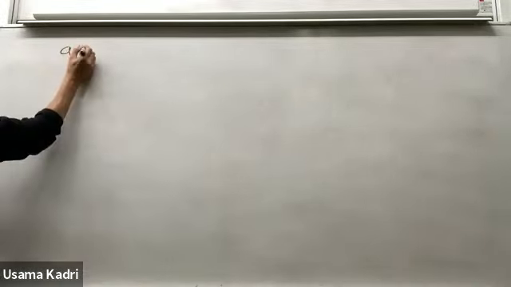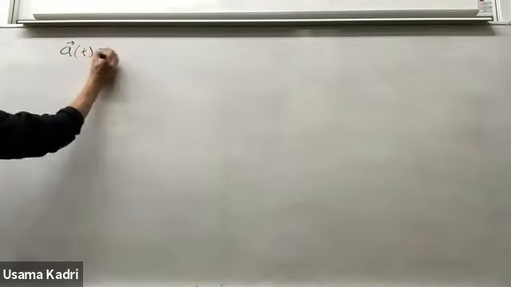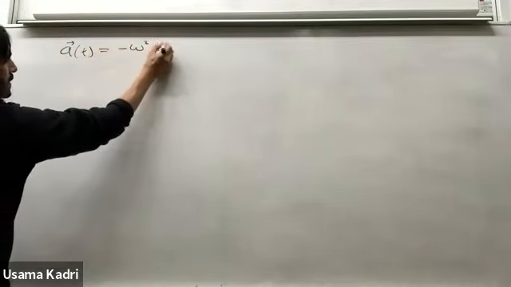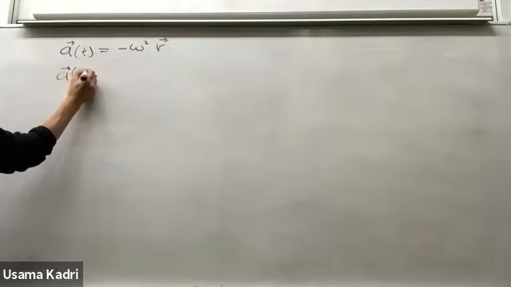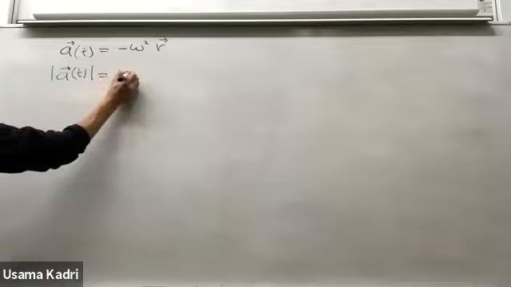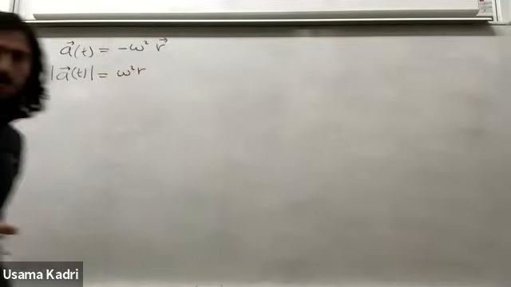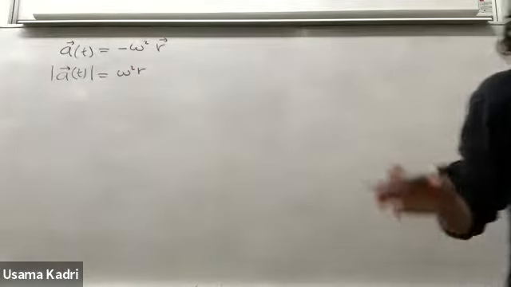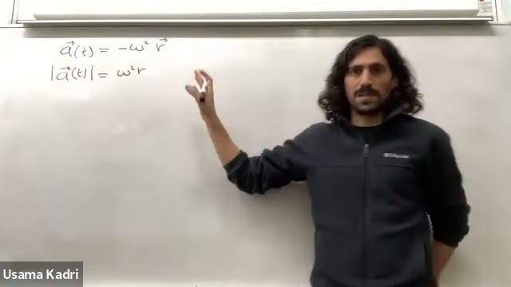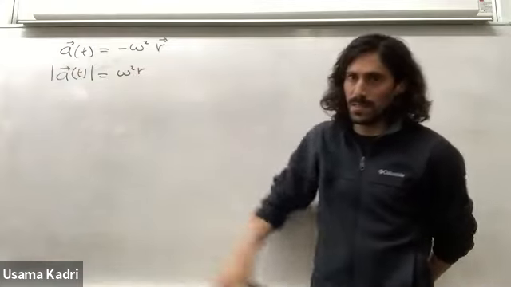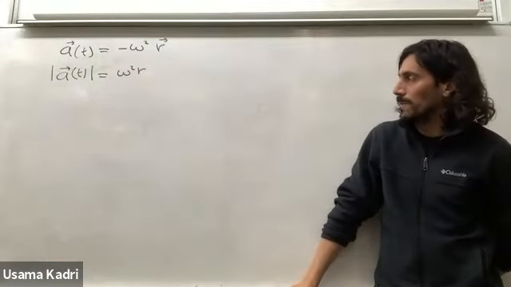So a(t) equals minus omega squared times the position vector, which means the magnitude, if I'm just interested in the magnitude for now, is simply omega squared times r. Now, we want to read physics. We don't want just to look at the equations we derive.